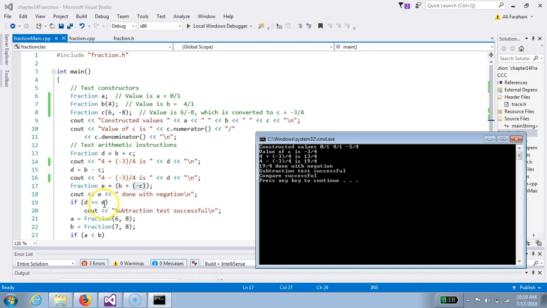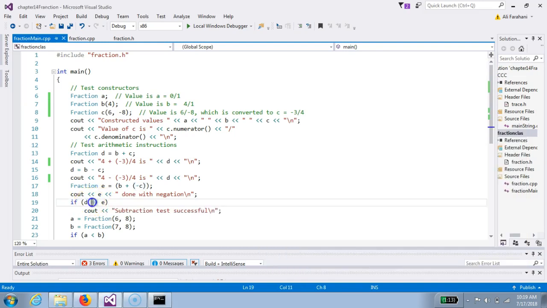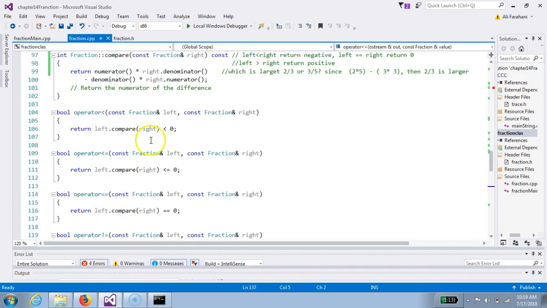So let's go further down, checking to see whether 2 fractions are equal, right? Because we have overloaded the equal for fractions. This is the operator equal. We have overloaded that operator for fractions, so we know when 2 fractions are equal: when you compare them, the result of compare is 0.